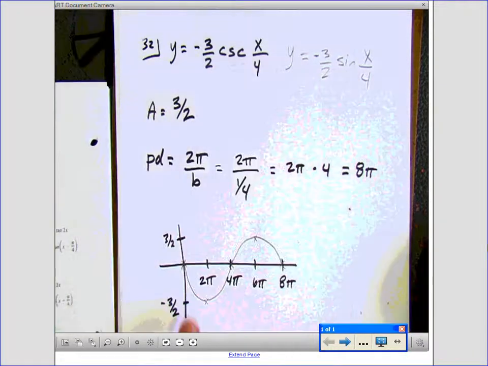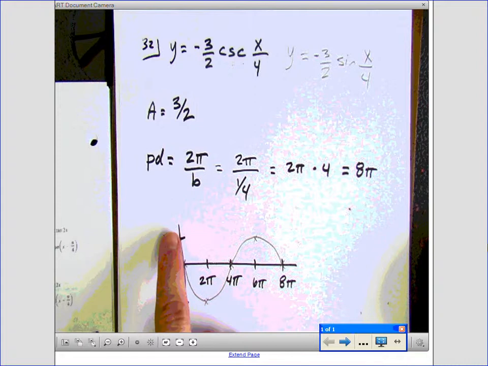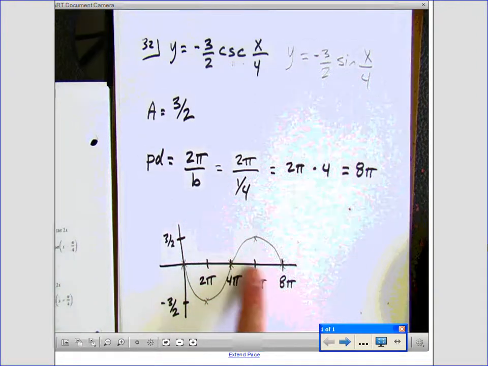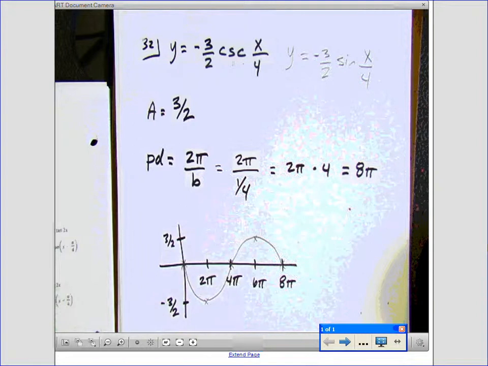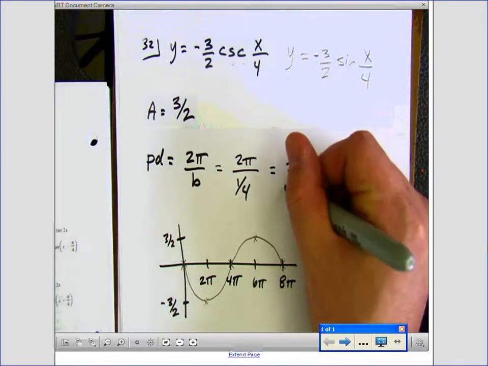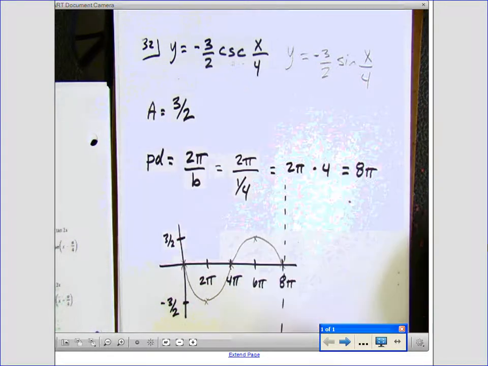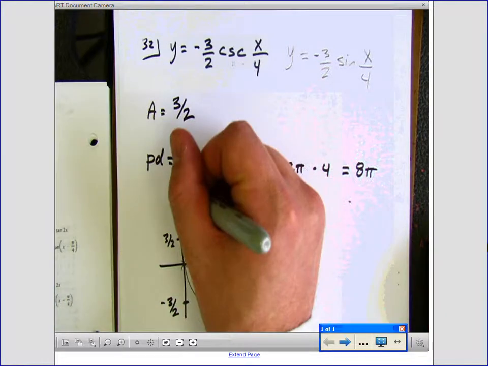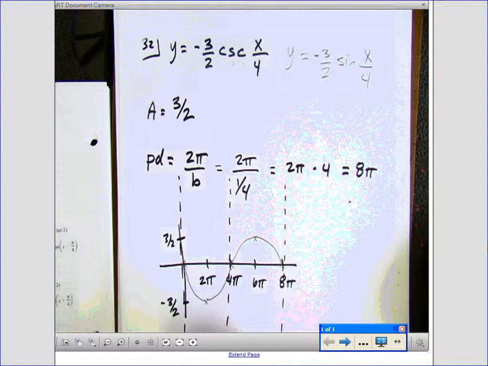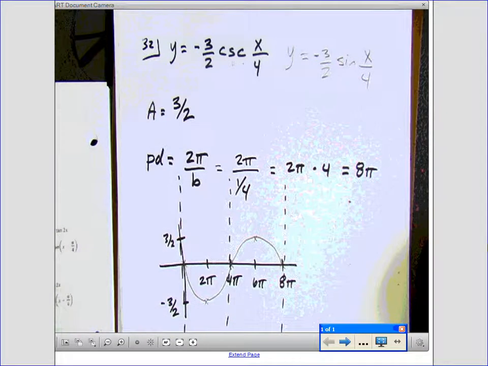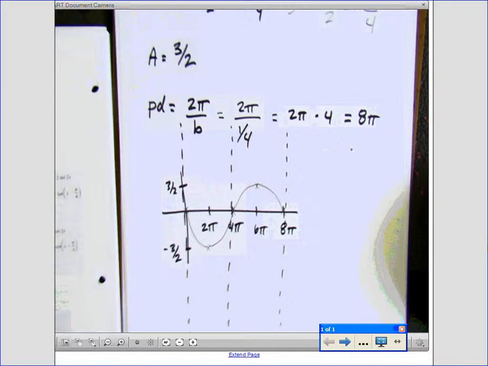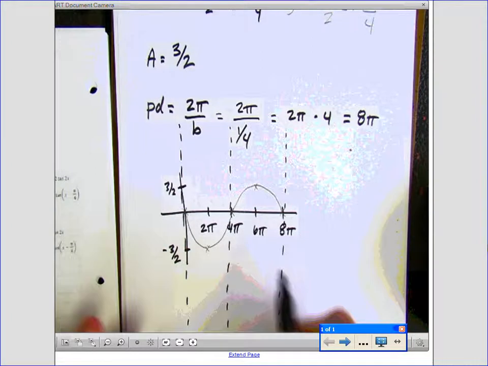Well, where sine crosses the x-axis, cosecant, what's going to happen there? Undefined, which means asymptotes. So we're going to have asymptotes at 8 pi, 4 pi, and 0. Now what do we do to asymptotes? Chase them. We're going to chase them from the min and max points.